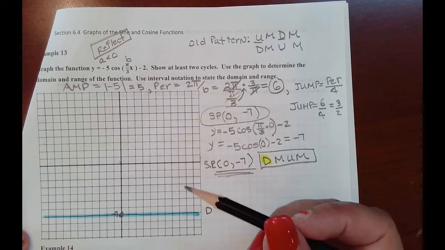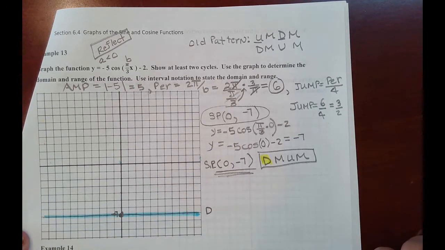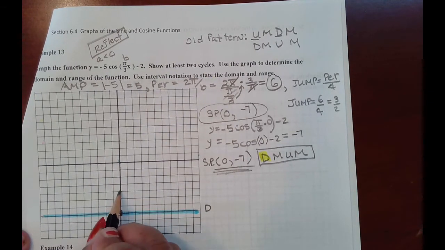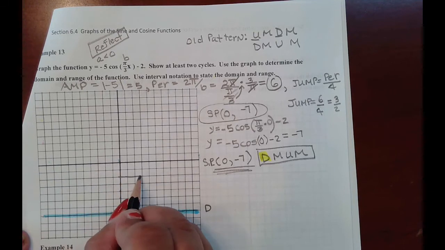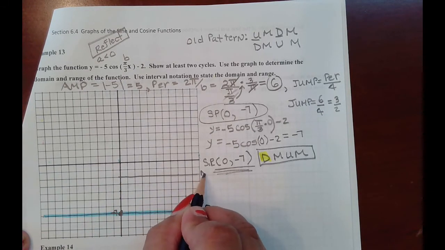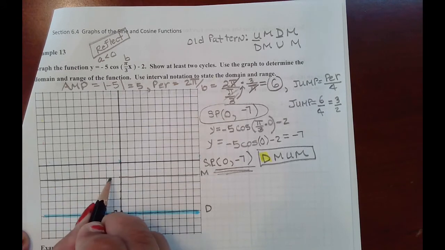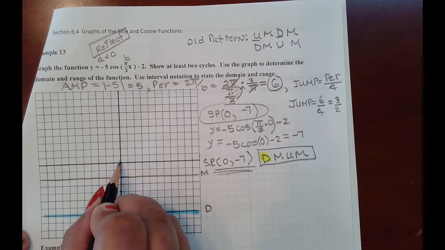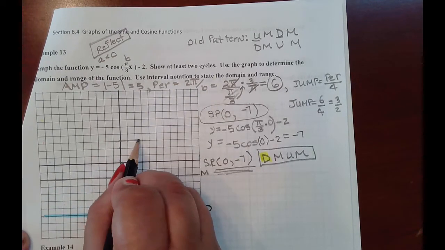Okay, that's the downward level. And then spacing between any of the two levels is just controlled by the amp. The amp is 5, so let's amp up 5. 1, 2, 3, 4, 5, and that will be my middle level. And then we're going to amp up 5 again. 1, 2, 3, 4, 5.